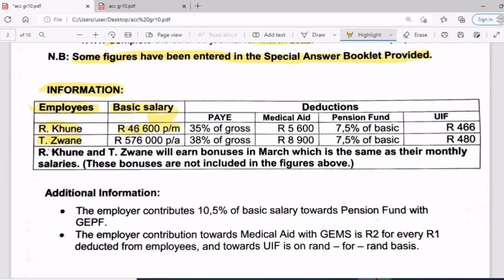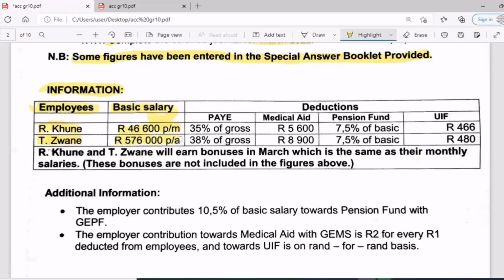This is the normal salary that Kune earns per month. And for Tizwane, we are given his basic salary per annum. He earns 576,000 per annum.